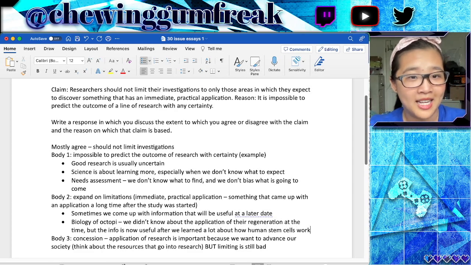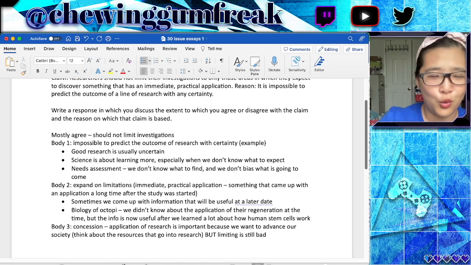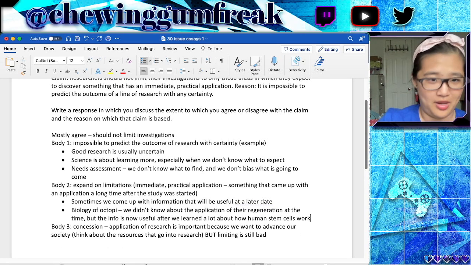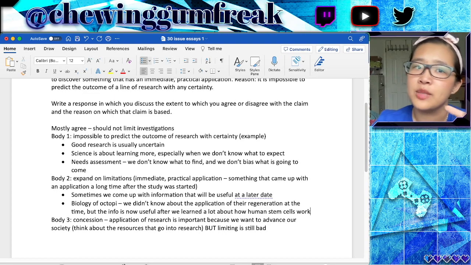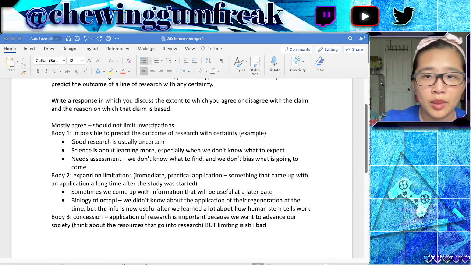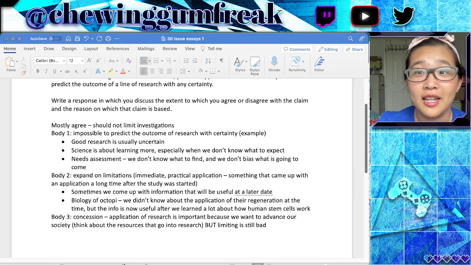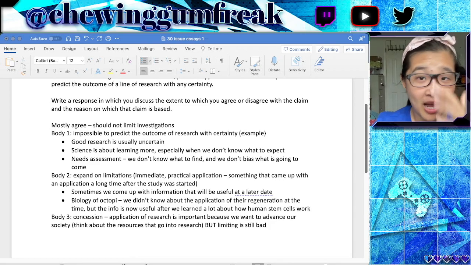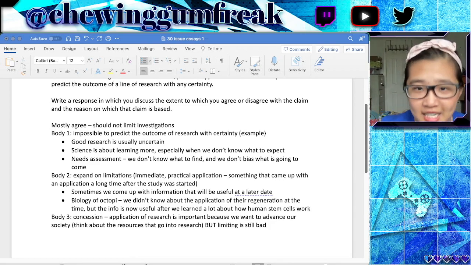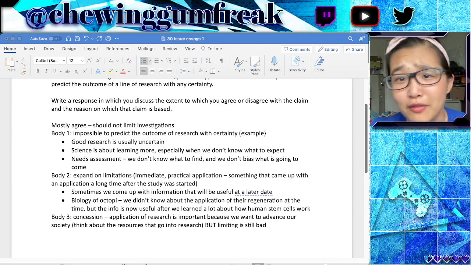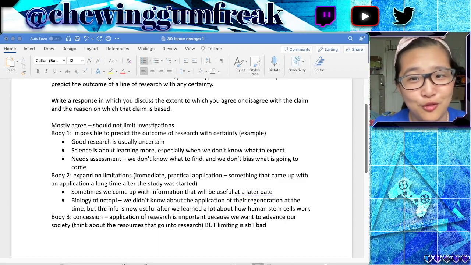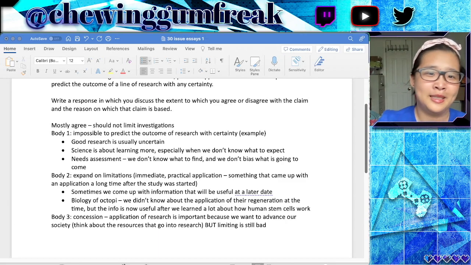So keep in mind, again, this example is totally something I just pulled out of my butt, but the key that we want to focus on here is how I explain my ideas, how I'm able to talk about it, rather than whether or not what I'm actually using is scientifically accurate. And if you know anything about the biology of octopi or regeneration or whatever, you can probably prove me quite wrong.